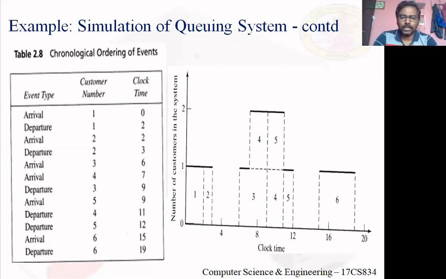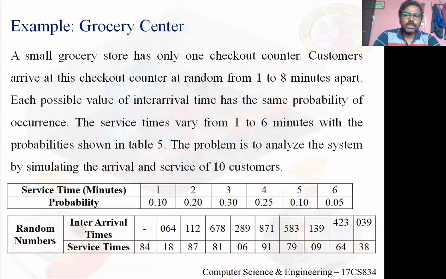Okay. Now we will come to one more problem. Grocery store. It's very simple, like the previous example. In the previous example, I gave you 5 inter-arrival time values and 6 service time values.